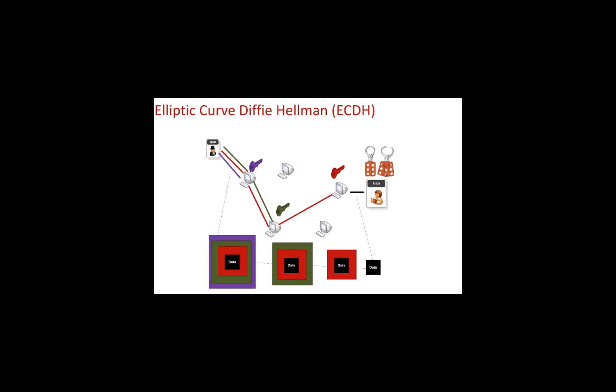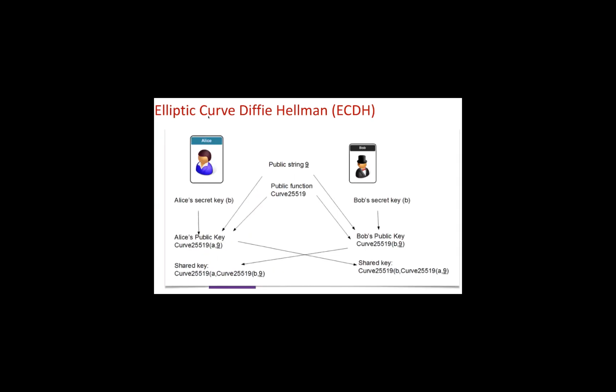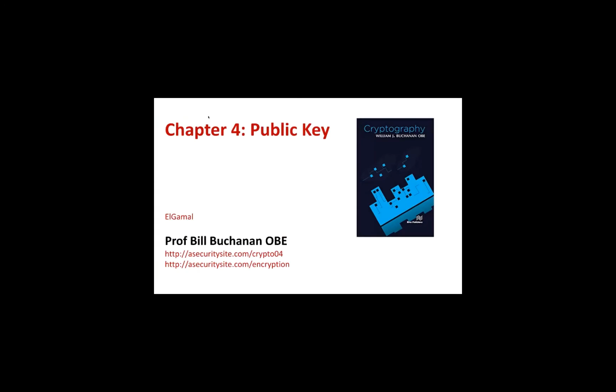As it goes through, each node takes their encryption key off, and we end up like this. So it ends up like an onion, and we eventually have the unencrypted value here. But the core of this is elliptic curve Diffie-Hellman, which we'll cover next week. So there's an example. We'll cover that in more detail next week.